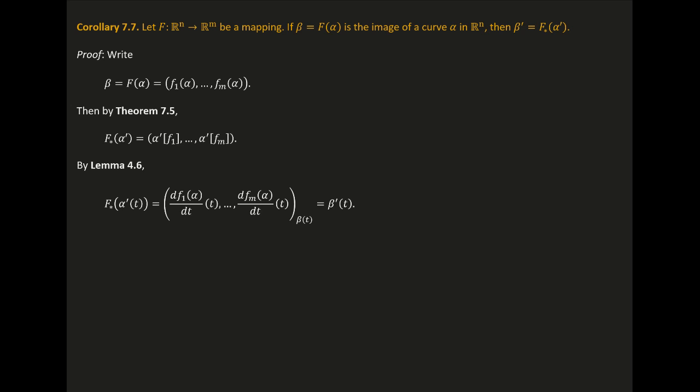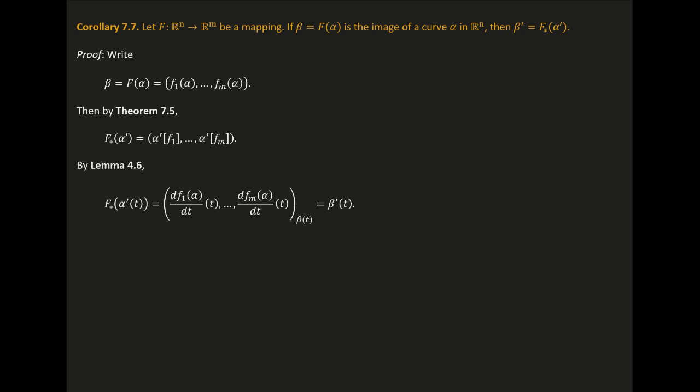To prove this, we write beta, which is equal to f of alpha, and then in components, each of the components is fi of alpha. Then, using theorem 7.5, we know that f star of alpha prime is equal to the curve where each of the components are the directional derivatives of the fi in the direction of alpha prime.